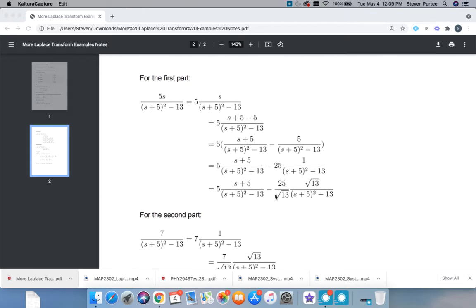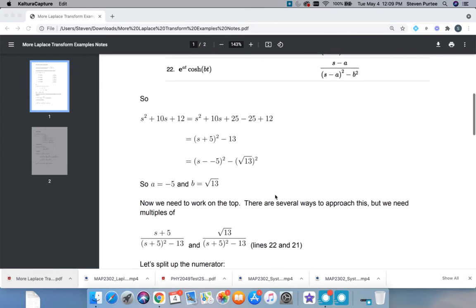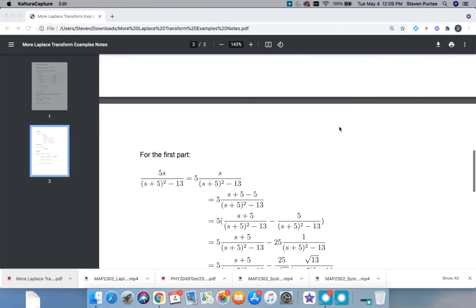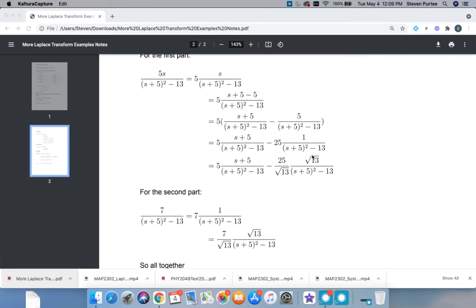And then looking ahead, I know if I'm going to use this formula, I need to have my b up here. B was root 13. So to get a root 13 right here, I put one in and in front took it back out. So now I'm multiplying and dividing by root 13. Okay, so this will be my sinh part. This will be my cosh part.